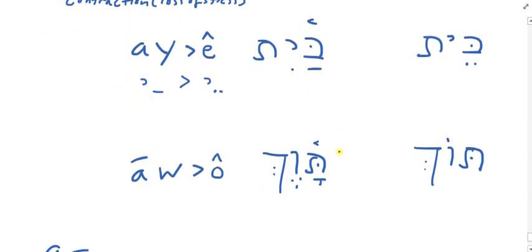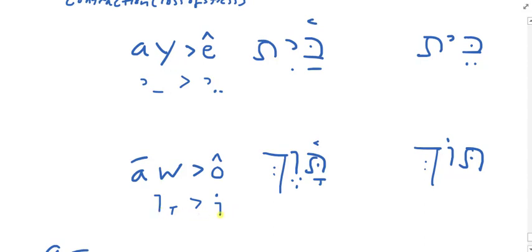Now we also have the AW diphthong. This is, at least originally in Hebrew, an ow sound. Remember the vav we're pronouncing as a v sound now, but in Hebrew, it really probably was a w sound, ow, ow. And when it loses its stress, ow can contract and become a simple o sound, which is a holem vav.